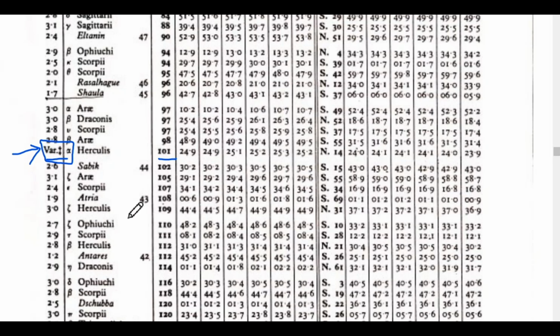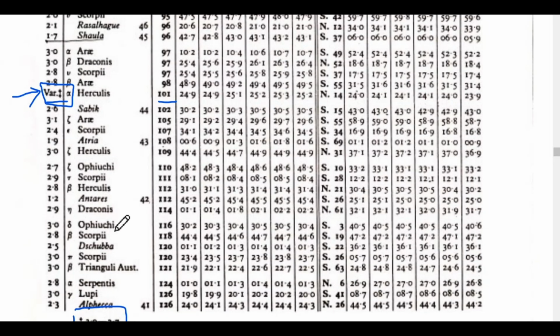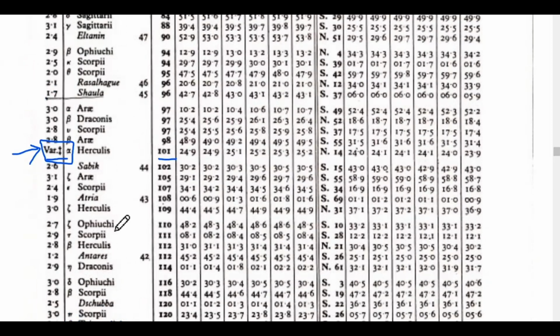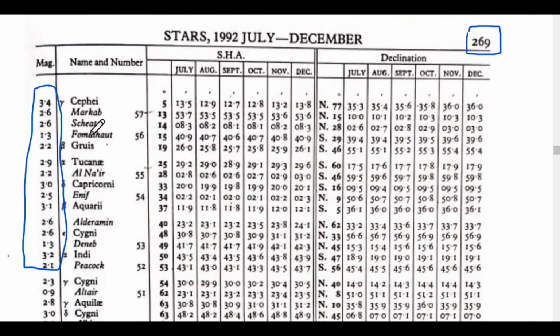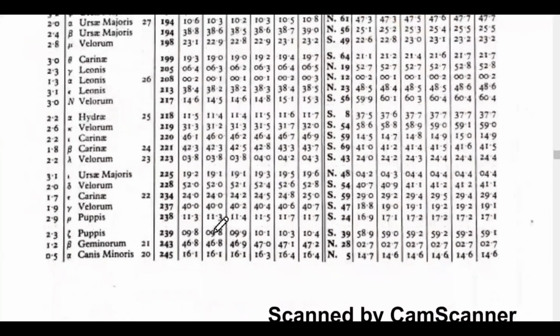Okay, so anyway, that was the off-topic thing which I asked you, which could be asked to you in orals. So now we are clear about the names of the stars. We are clear about the SHA and declination. It can be picked up from here. You can pick up the SHA and declination of any particular star. And this table spreads out into about 6 pages or so.